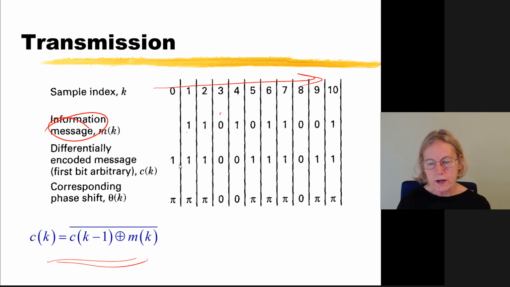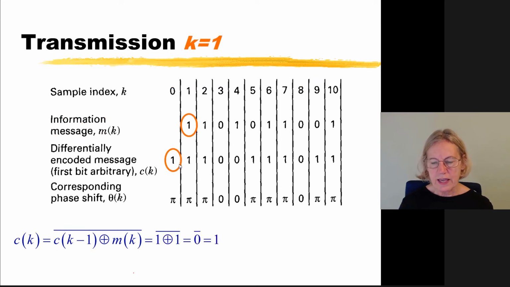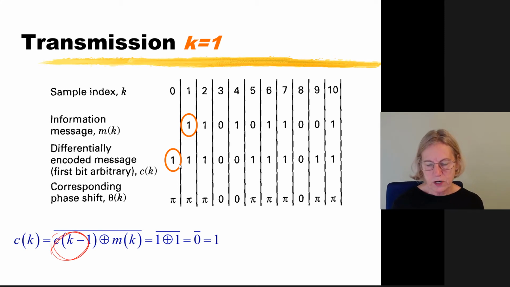The pre-coding is based on the message at time k and the previous encoding. At k equal 1, we're just going to assume that the previous one was a 1. We have to start somehow, so that's the protocol. Now I say 1 exclusive OR 1 is 0, and I take the complement, that gives me 1. I go on to the next one.